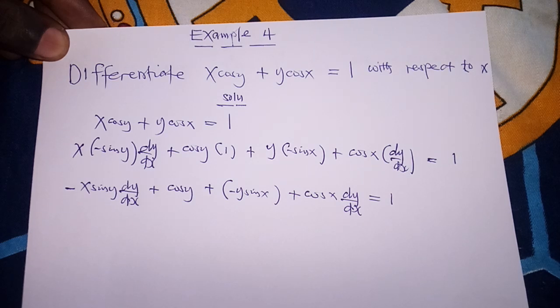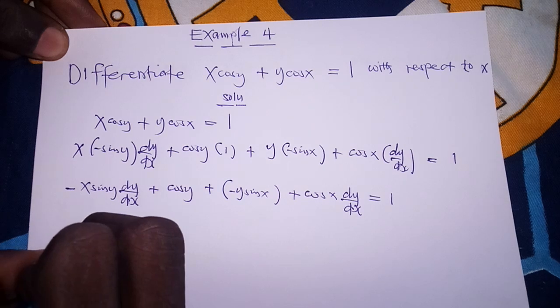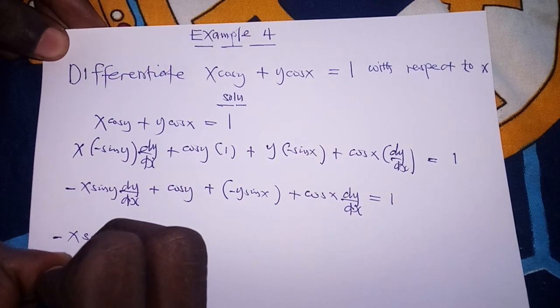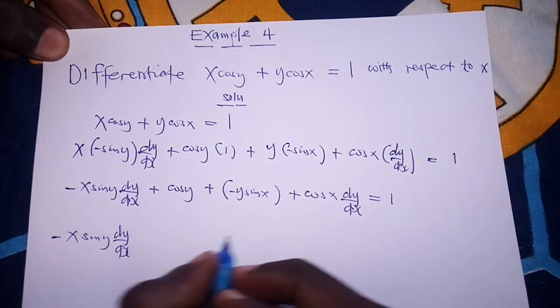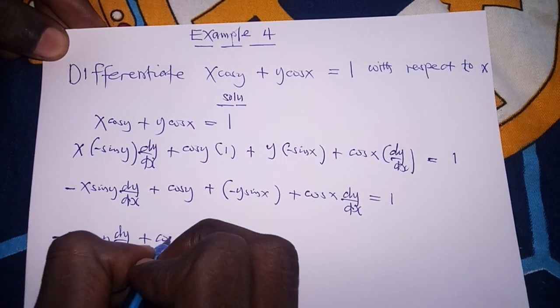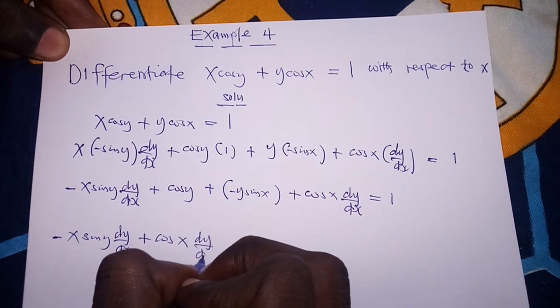Let's just try to collect like terms. We add dy upon dx on one side. Then we say this minus x sine y dy upon dx. This also, let's add this, plus cos x dy upon dx.